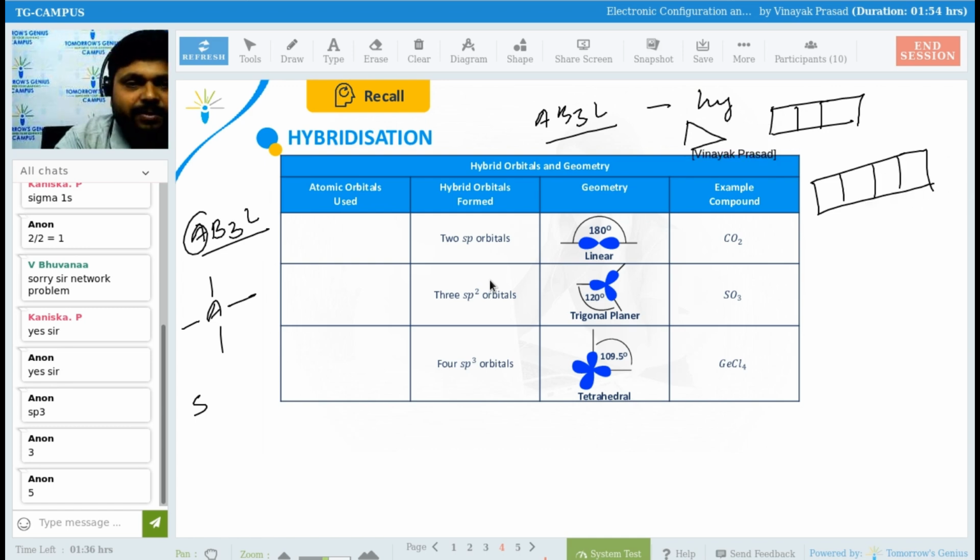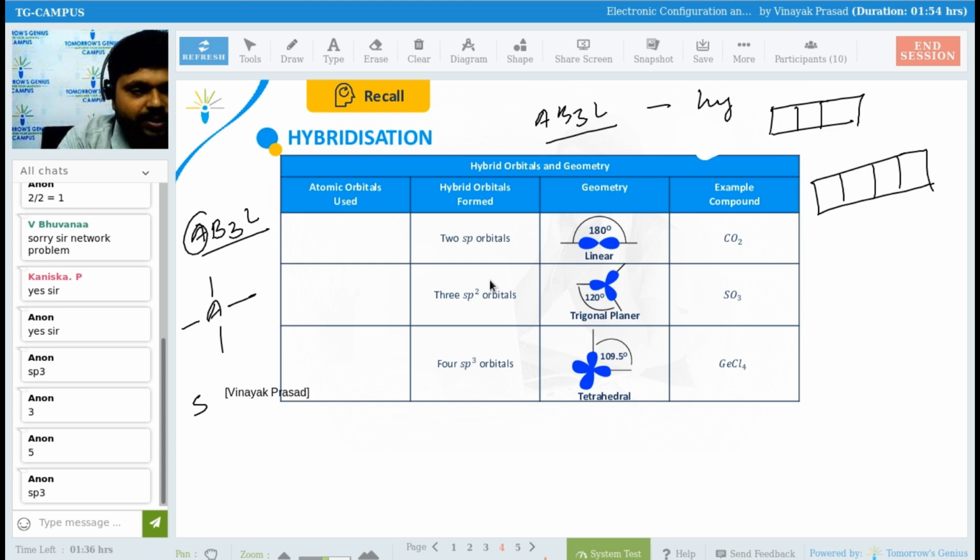In S, there will be 1. In P, there will be 3. So the right answer will be what? Atachaya, can you please give me the answer for this question now? Okay. Yes, very good answer. So the hybridization will be what? 1s, and because there are 4 bonds, if 4 bonds are there, then sp3 will be there, right?